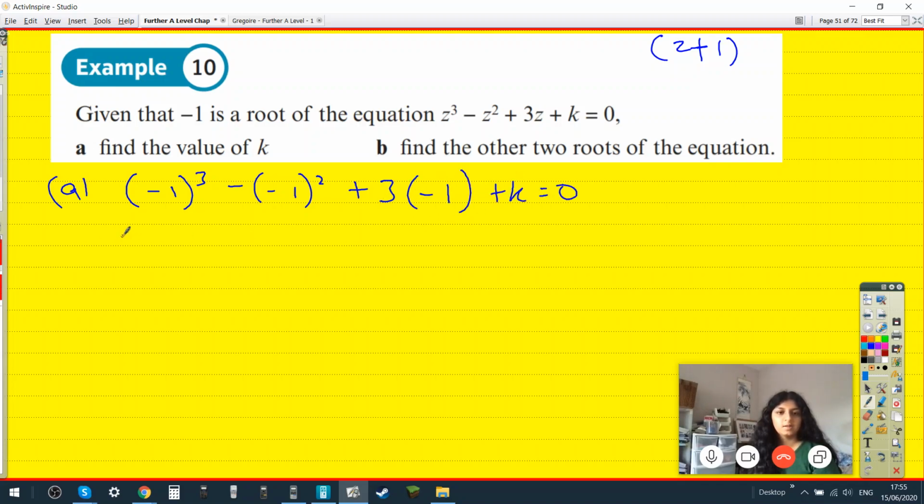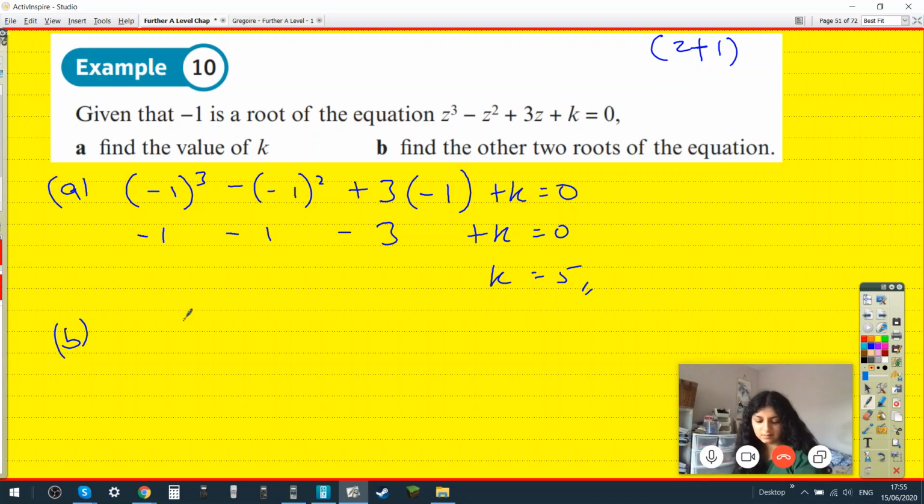So you'd have -1 plus, wait, -1 again, -3. So k is equal to 5. Find the other two roots. I don't know what that means. I mean, I know what it means. I know how to do it. Calculator. Okay.